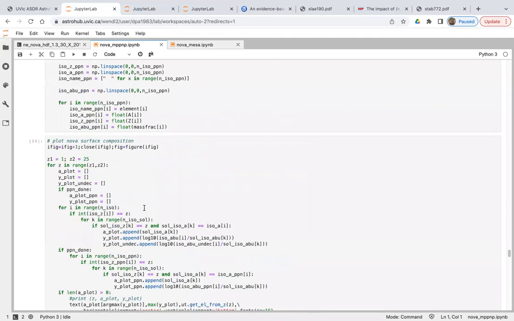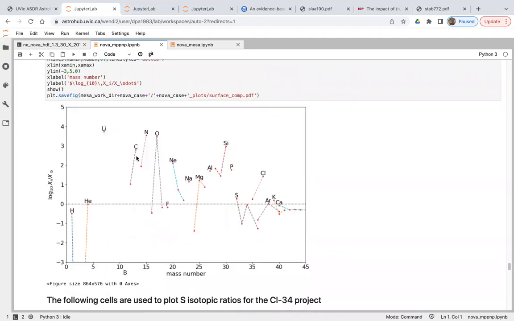And then we have, so these are mass fractions with respect to the corresponding solar values in the nova envelope as a function of mass number. And for instance, you can compare this plot with the corresponding plot in publications by the Barcelona group, Jordi José and Margarita Hernanz.